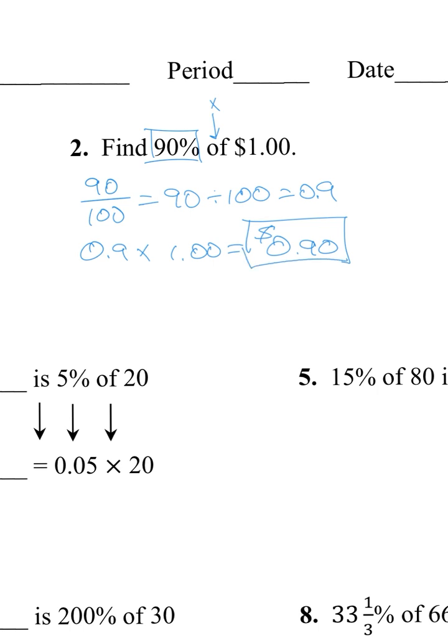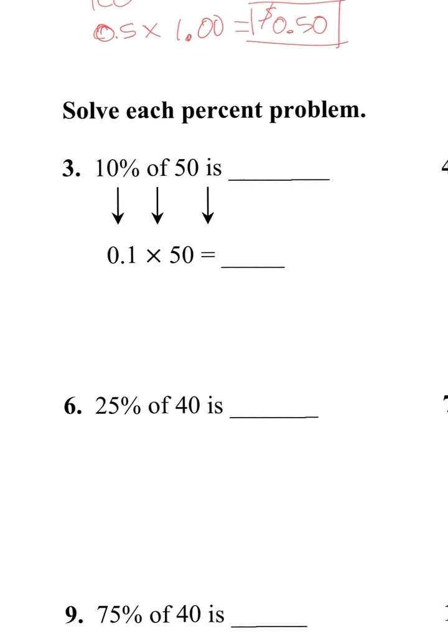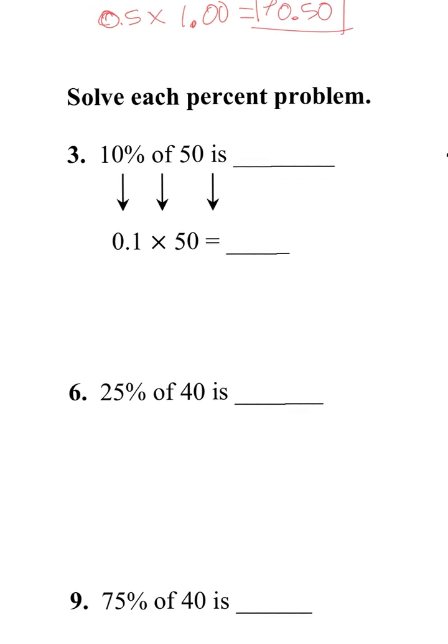All right, number three. Number three says solve each percent problem. We've got 10% of 50 is. Here we go. How they got 0.1 is they took 10, put that over 100, and divided 10 by 100, which gives us 0.1 on our calculator.